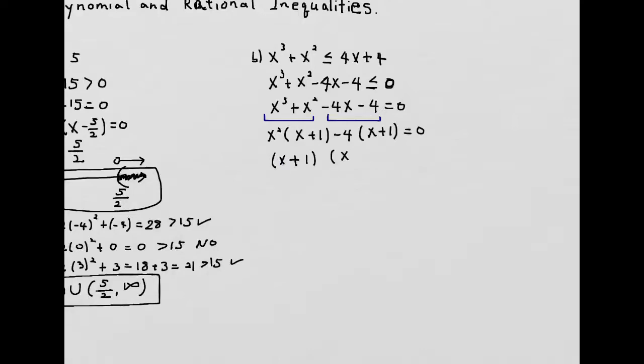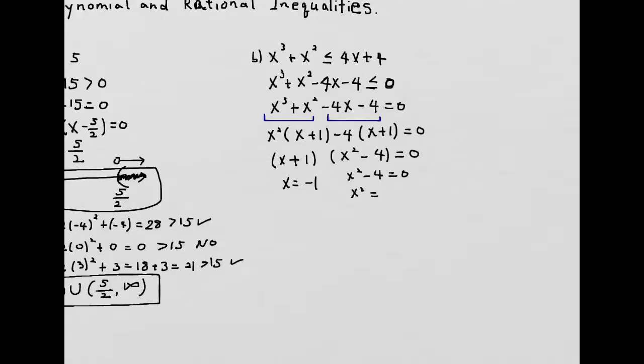Now you have x squared minus 4 remaining. So remember how to use the group factoring. Then letting each factor equal 0, you get x equals -1 from the first factor. And x squared minus 4 equals 0, you will get x equals 2.